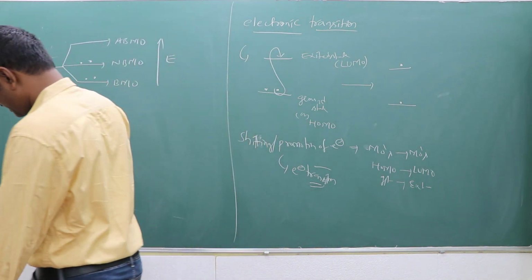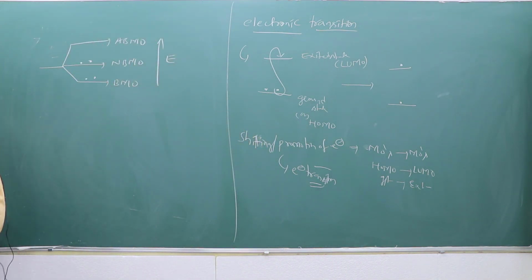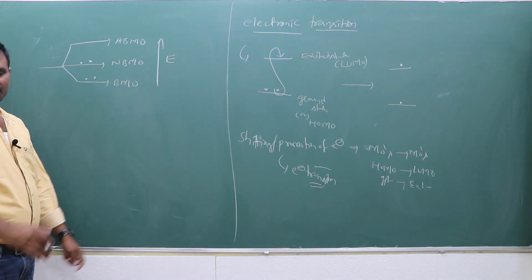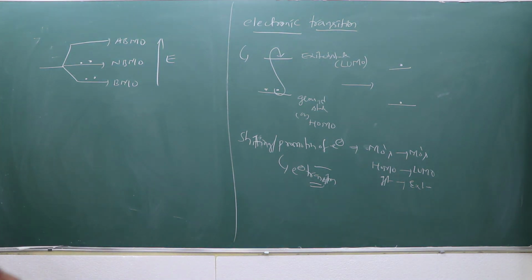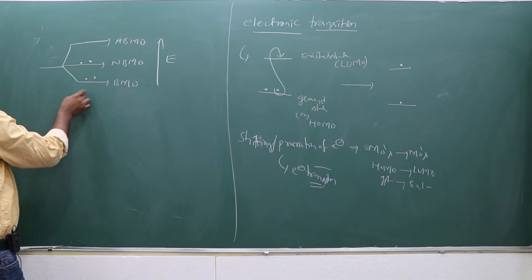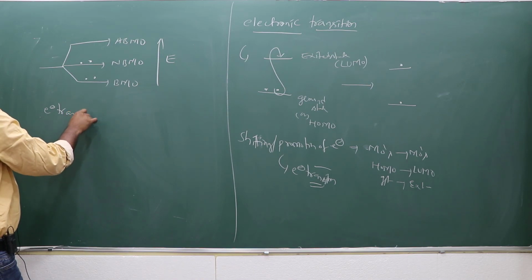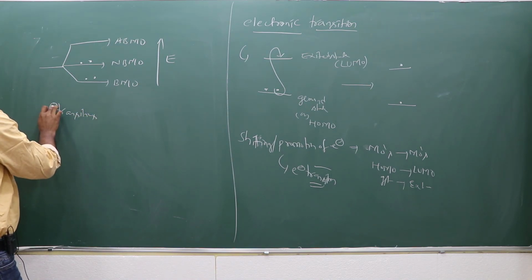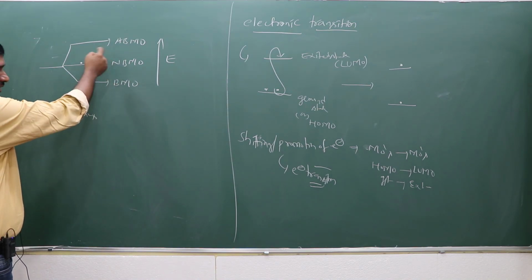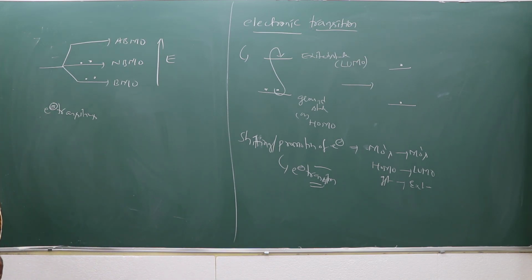Which level is HOMO depends on the particular molecule and its energies. Now, which electronic transitions are possible? Only three molecular orbitals are there: bonding, non-bonding, and anti-bonding.